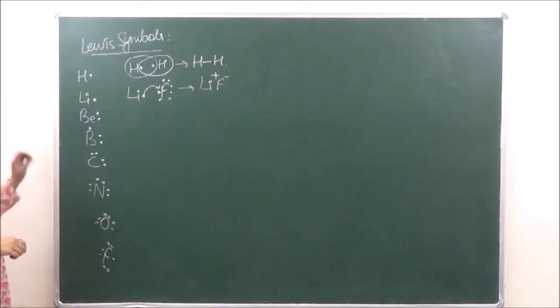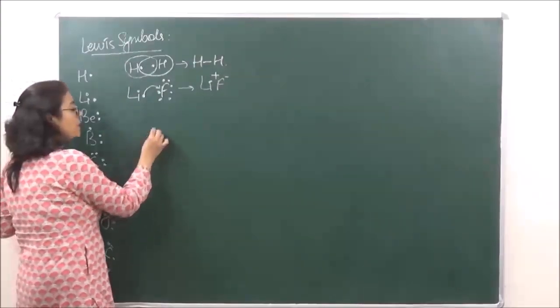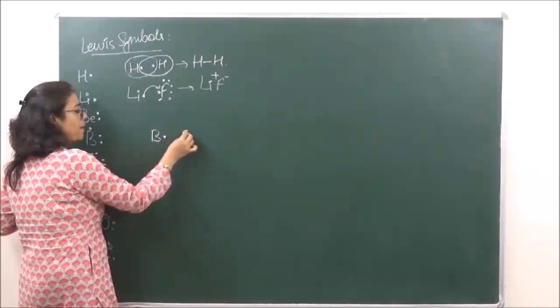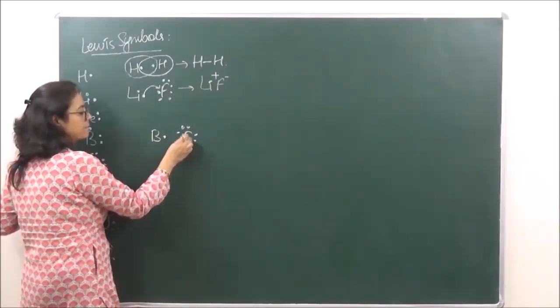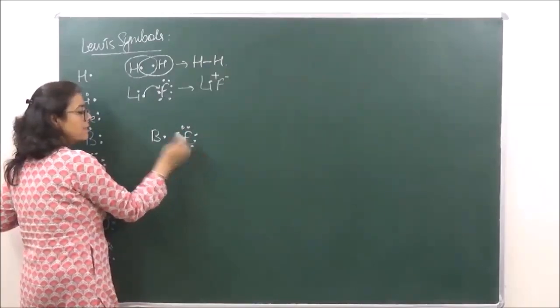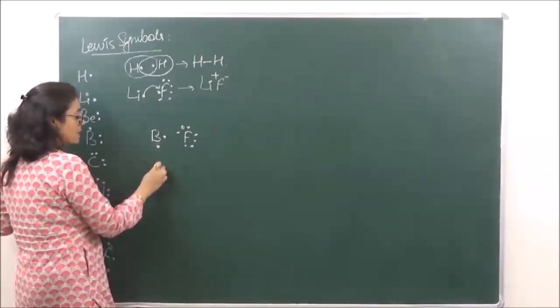Then when we are talking of BF3, boron has 5 electrons, and fluorine has 7 electrons.